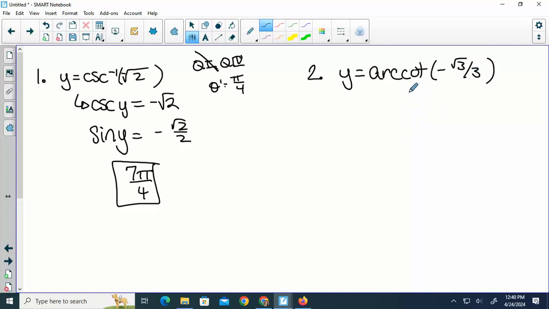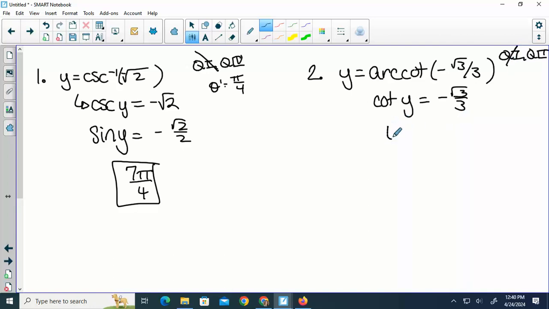All right, so when I see arc cotangent, that's the same as cotangent inverse. Cotangent is 1 and 2. What this means is cotangent of some angle is negative radical 3 over 3. If cotangent is negative, which of those are we in? 2. All right, reference angle.